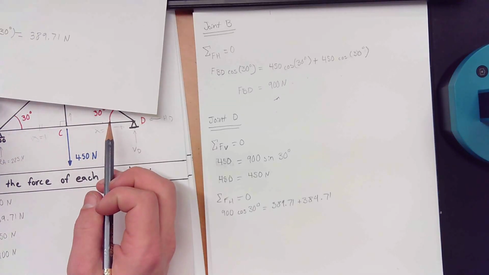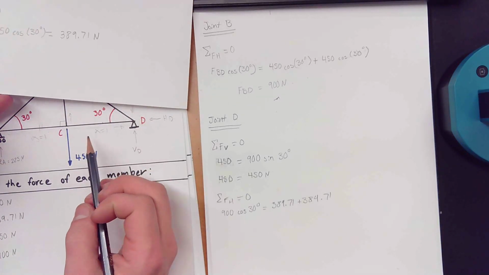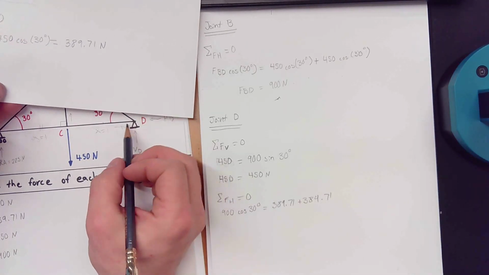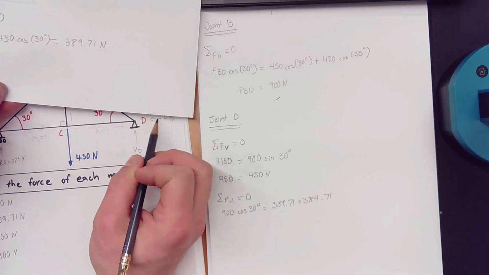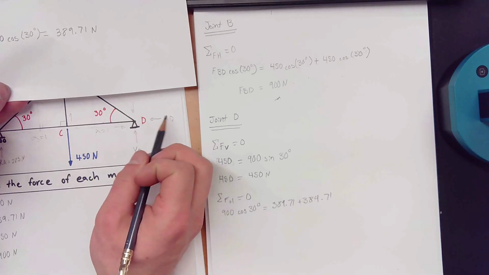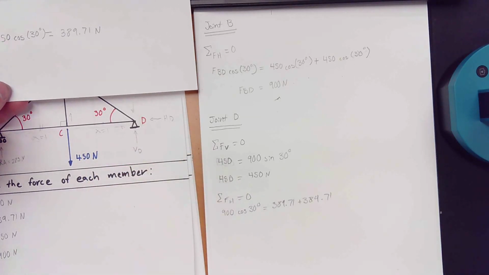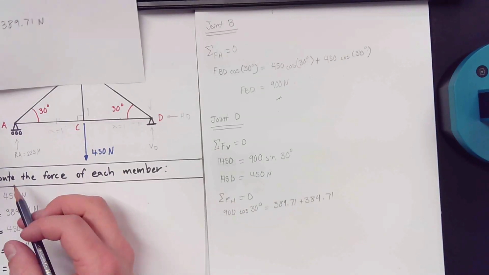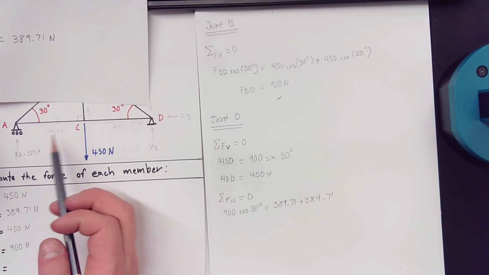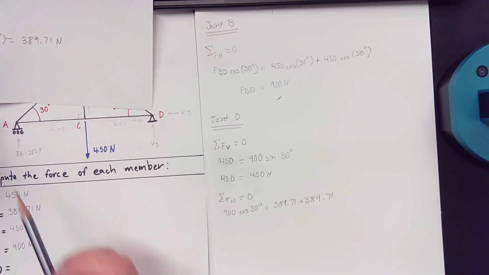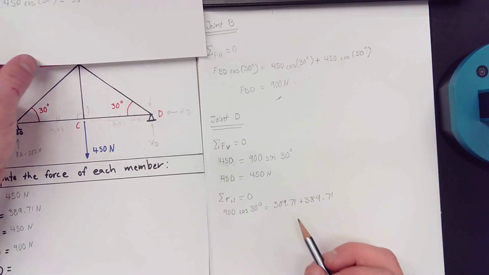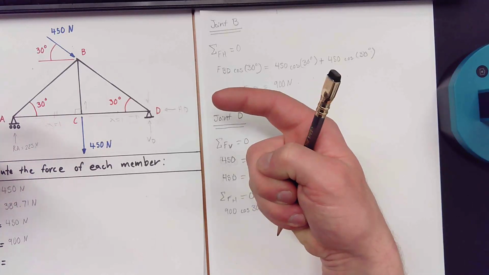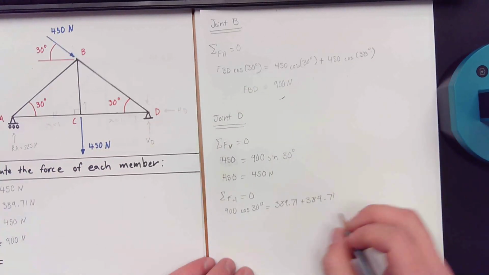And so this member needs to deliver a force in the opposite direction to oppose our horizontal forces acting this way. And on this side, it needs to oppose the forces acting from this side. So we have two forces acting from either side on this member, pushing both of these ways. So we have two of those.